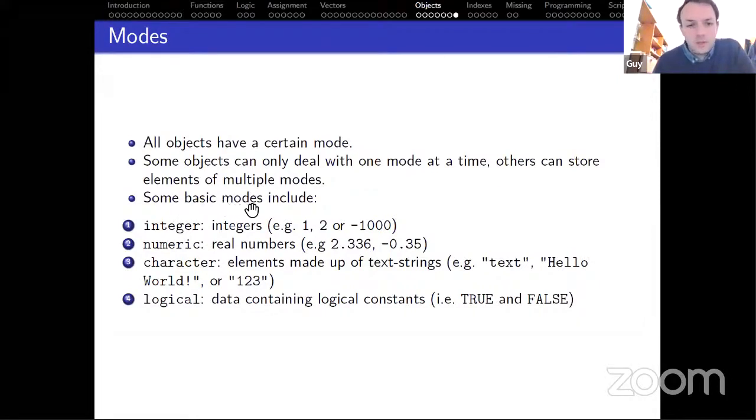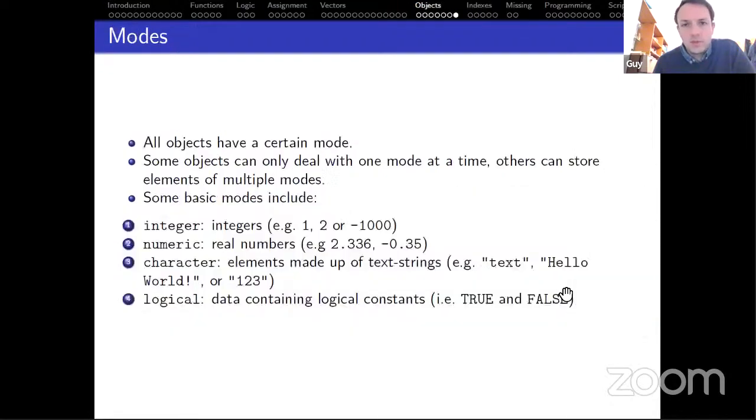Some of the basic modes that we usually come across are integers, like that vector a, which was the numbers 1 to 10; numeric, which is anything on the real number line between minus infinity and plus infinity; a character string, which is text, as we talked about before; and logical, which is when they contain TRUEs or FALSEs.